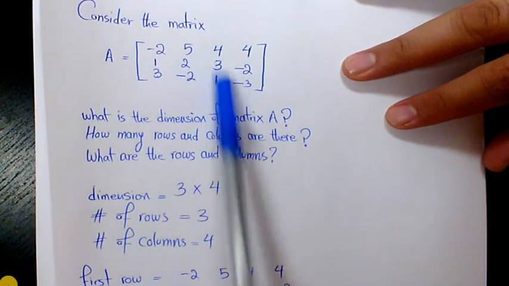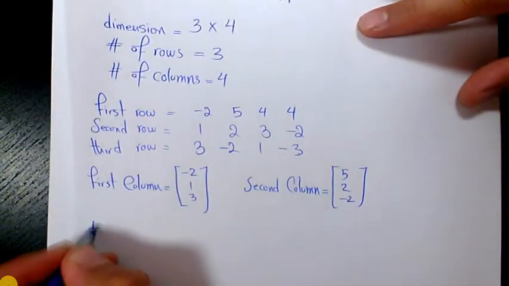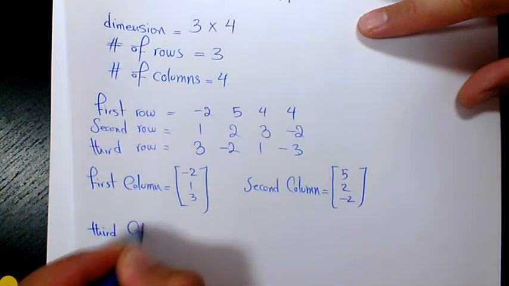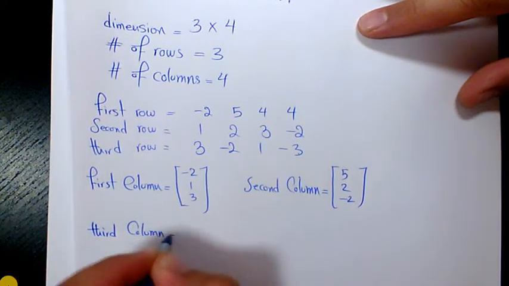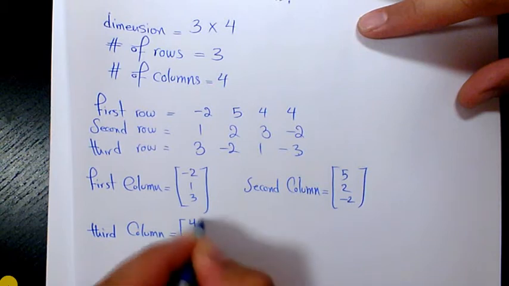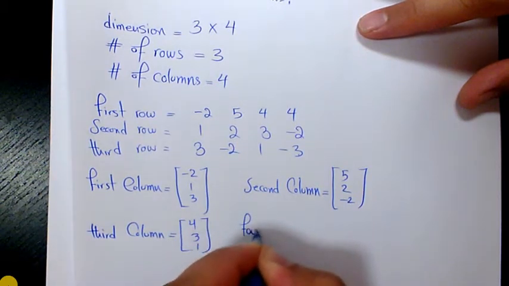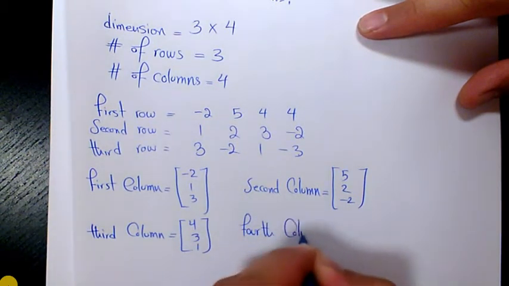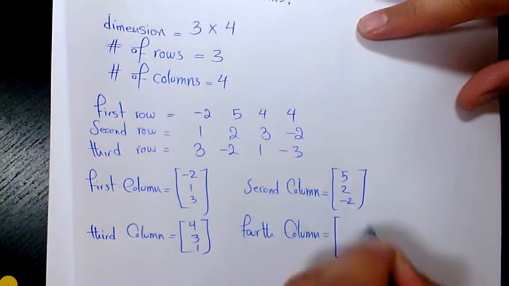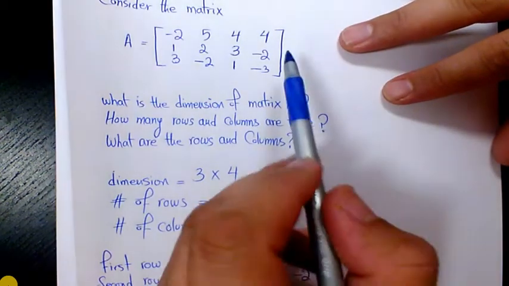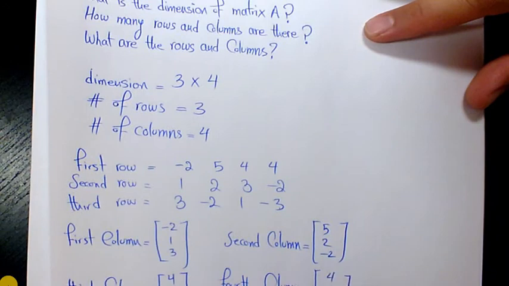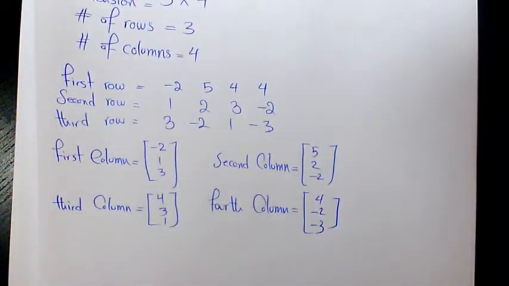The third column is 4, 3, 1. And finally, the fourth column is basically 4, -2, and -3. So that's the answer for the first example.